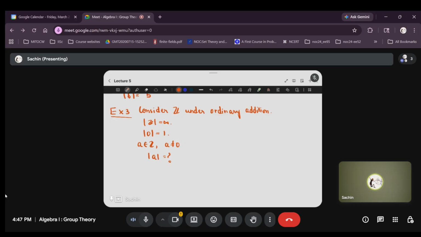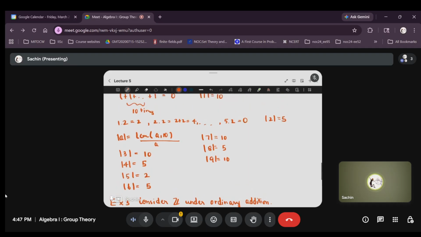No, you haven't understood the concept then. See, you have to add a to itself. You can't add some other element and bring the identity. So how many times you have to add a is the least number of times. For example, 5: if you add it twice, you'll get 5 plus 5, 10, which is equal to 0, the identity.